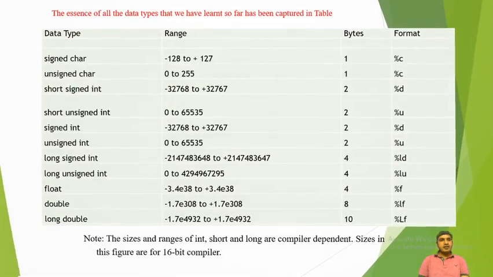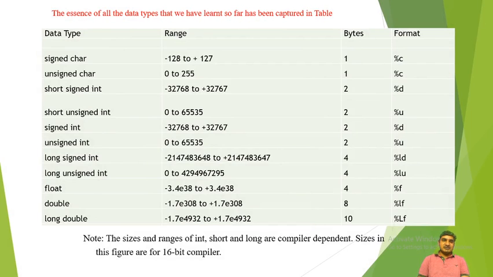Now, the essence of all the data types that we have learned so far has been captured in this table. First, signed character. The range is minus 128 to plus 127.